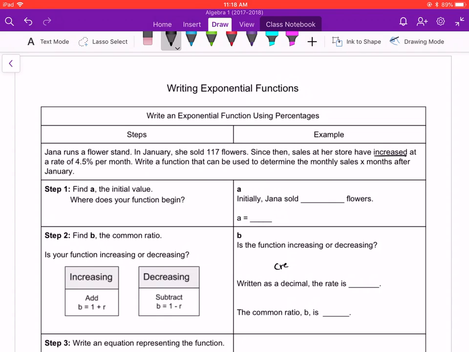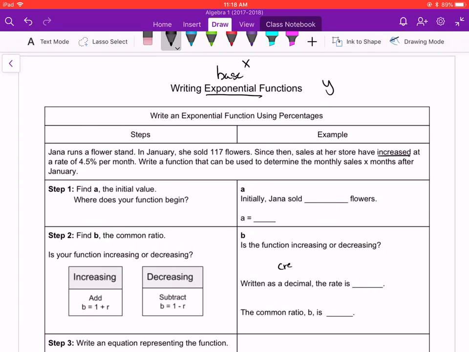So when writing, remember your exponential functions and what it means. Exponential functions mean that your x is going to be an exponent. So whatever your base is, the x is where you have the exponent. Your normal equation is usually y equals a times b to the x. You just got to figure out what a is and what b is.